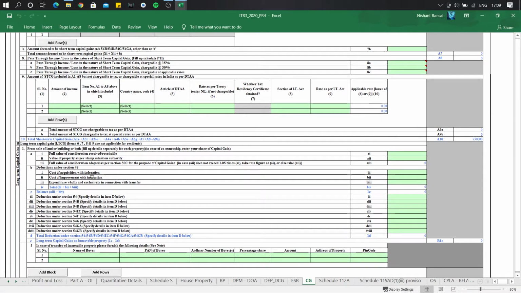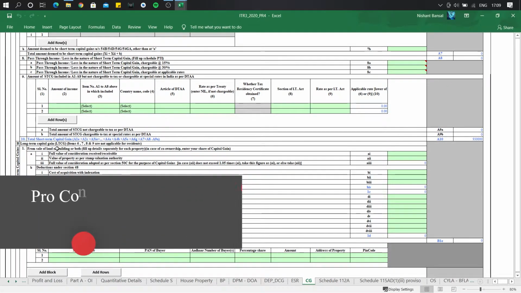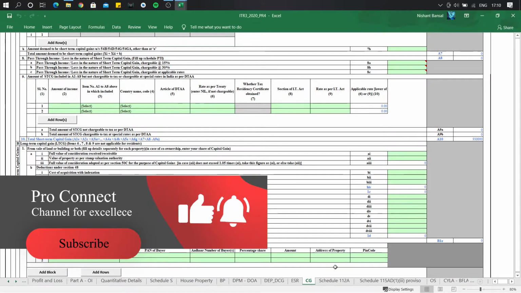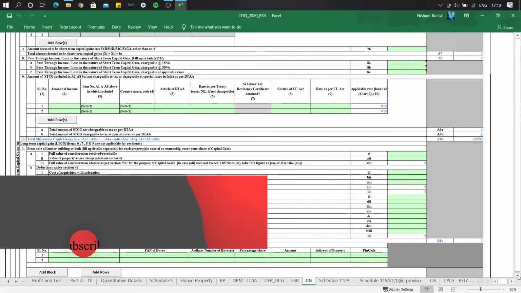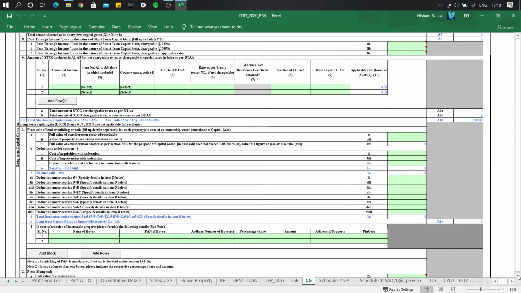So from here, that is point B, the long-term capital gain, the cases regarding the same start. You can see against point 1, that is from sale of building or land or both is mentioned.